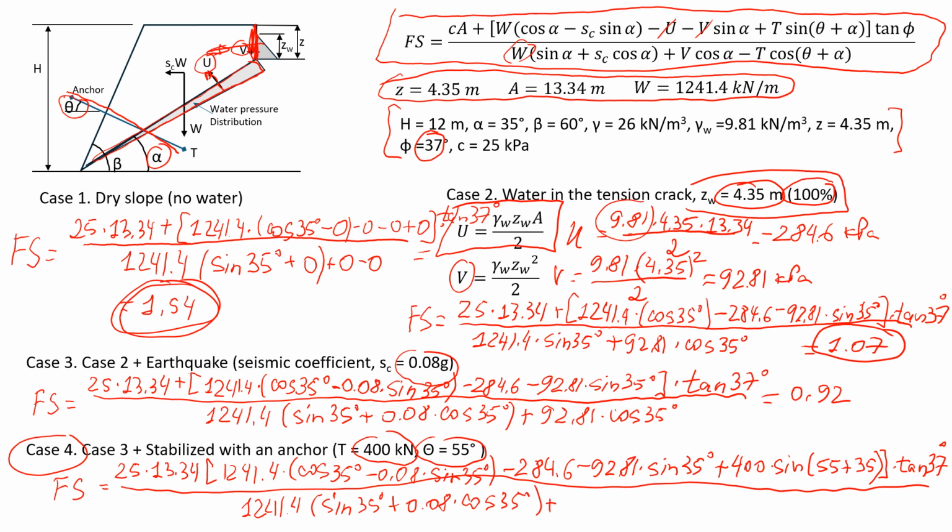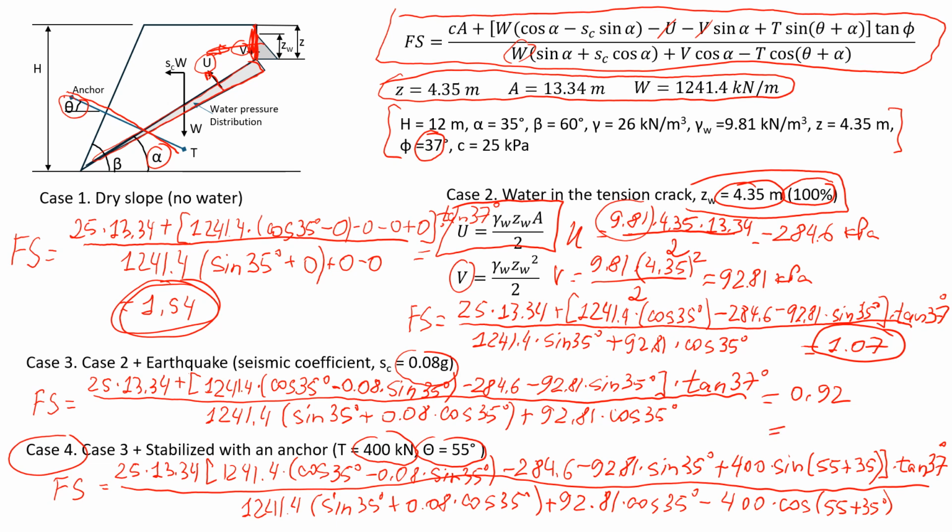Here we have that water pressure component, 92.81 times cosine of 35 degrees. And here we're going to subtract from the driving forces this 400 times cosine of, again, 55 plus 35 degrees, right?